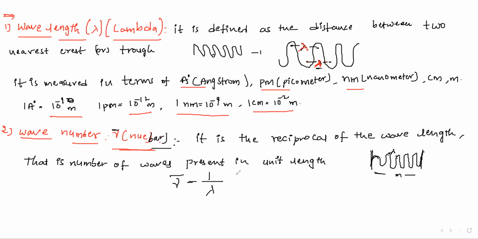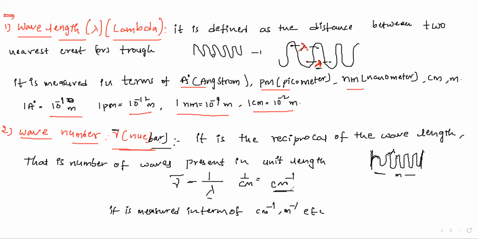It is measured in terms of ఏమవుతుంది యాక్చువల్లీ ఇప్పుడు మనకి సెంటీమీటర్స్ మీటర్స్ లో తీసుకుంటాం, 1 by సెంటీమీటర్ అంటే ఏమవుతుంది, సెంటీమీటర్ ఇన్వర్స్ ఆర్ మీటర్ ఇన్వర్స్ ఎక్సెట్రా. 1 by centimeter equals centimeter inverse, and 1 by meter equals meter inverse.